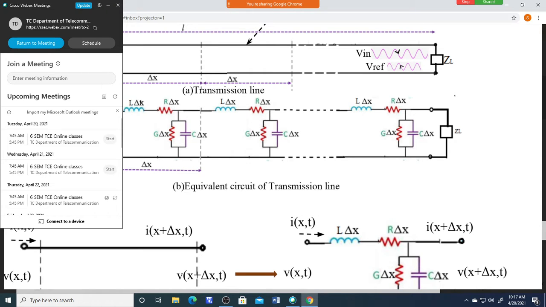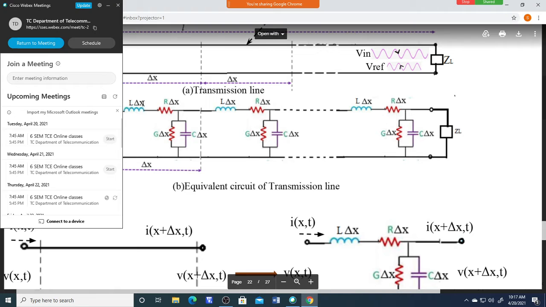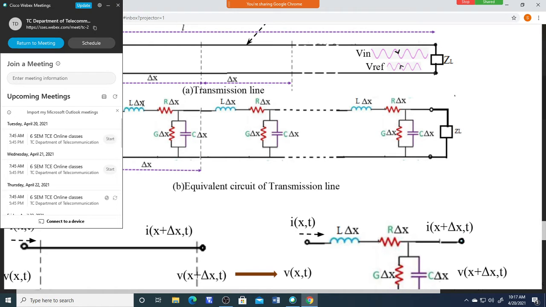That's why we did it like this: L multiplied by dx. Why? Because per unit length it offers L Henry per unit length, so you should multiply this by whatever length of the line you have taken. So L into delta x.